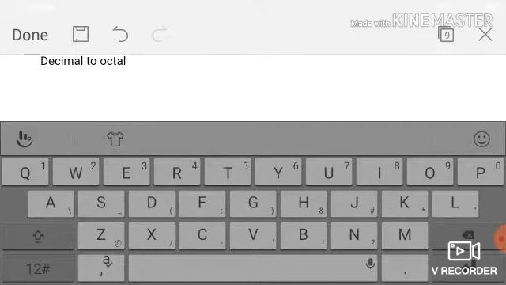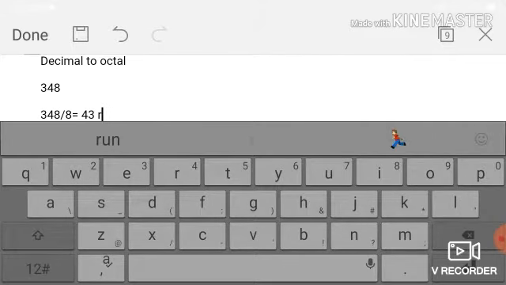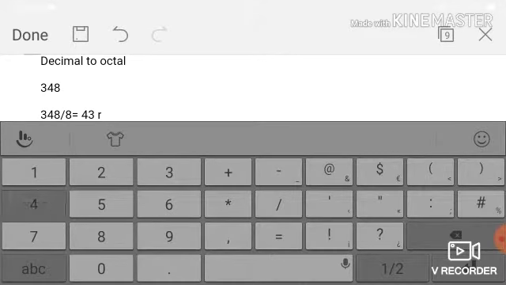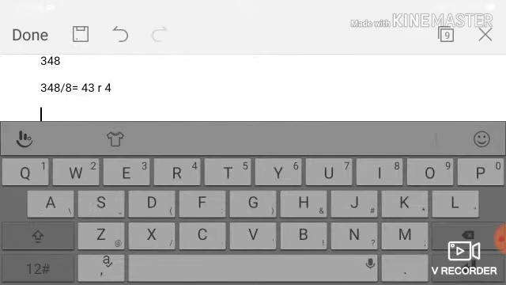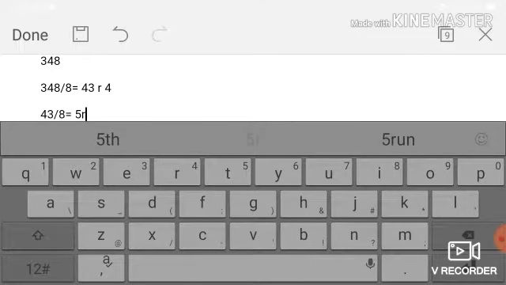So 348, we're going to use again the 348 in converting decimal to octal. Because octal is base 8, we're going to divide 348 by 8 equals 43, remainder 4. Then 43 divided by 8 is equal to 5, remainder 3.